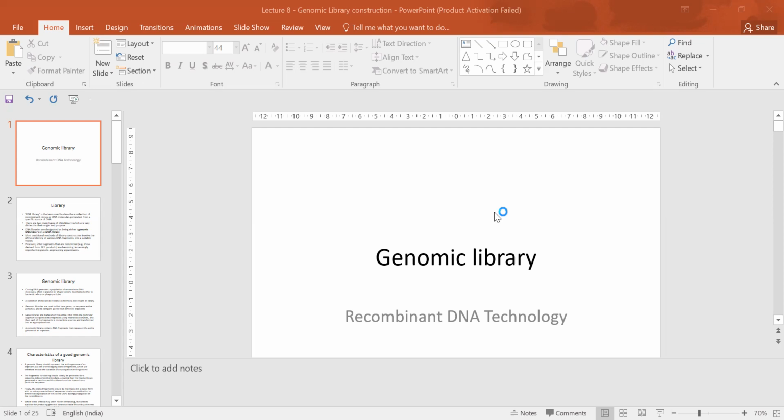We have discussed in details different kinds of PCR compared to the conventional PCR. Now today, I am going to discuss both genomic DNA library and cDNA library.